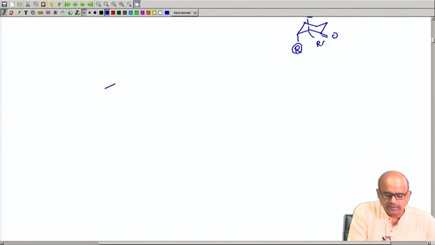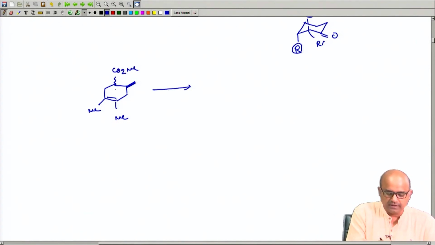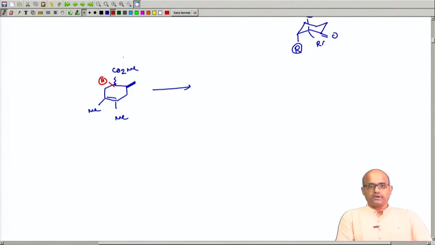Few other systems, like if you have a pre-existing stereocenter in the molecule, but also you have a double bond, but the enolate which you will be generating is not endocyclic, you can have exocyclic enolate generation. Now, see here, if you abstract this hydrogen, this enolate will be generated exocyclic to the ring.